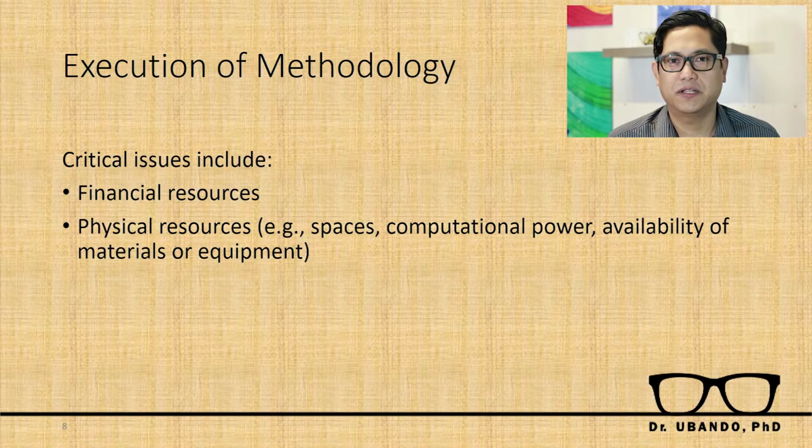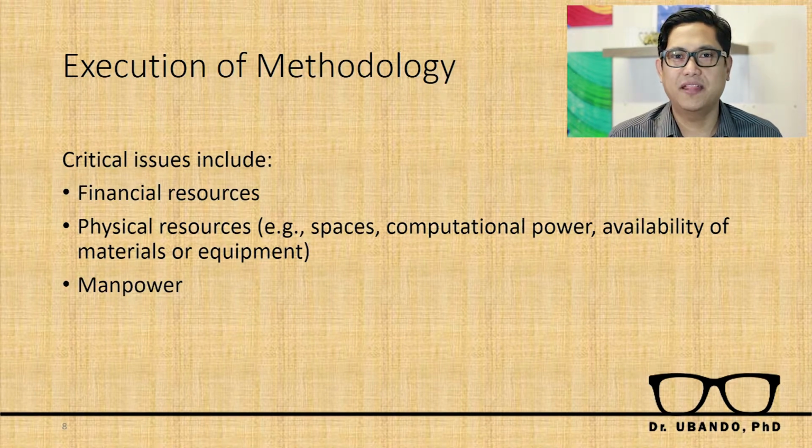So we have to consider the source of our raw materials, and we also have to consider if the equipment is available. Next, we have to consider manpower. I know that for the undergrad thesis, you would be working in a group. You have to manage the number of hours, the manpower, or the capacity of the team to deliver all of the objectives and all of the activities.